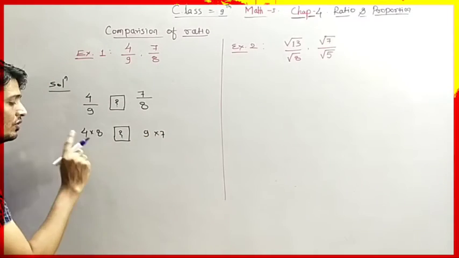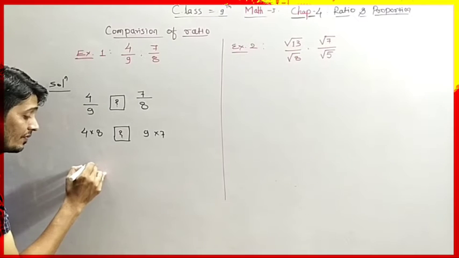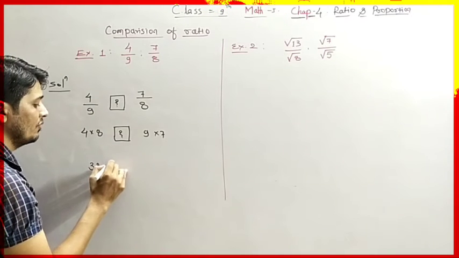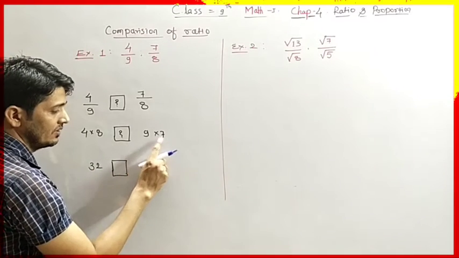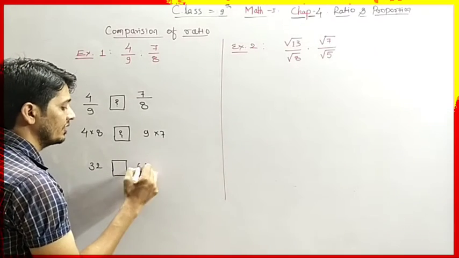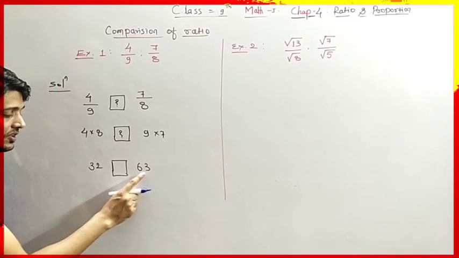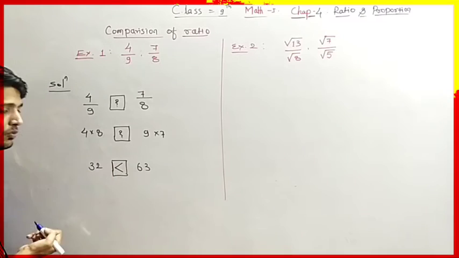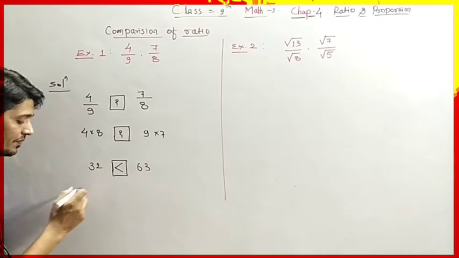4 eights are 32, with a question mark, and 9 sevens are 63. As we can see, 63 is greater than 32, so we apply the formula: 32 is smaller than 63.